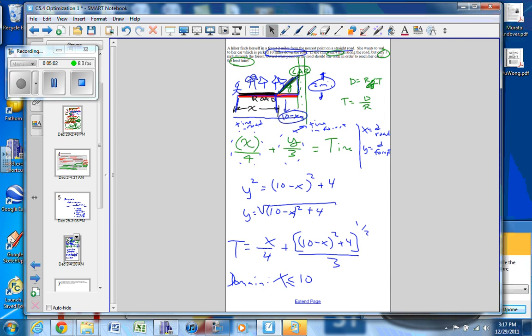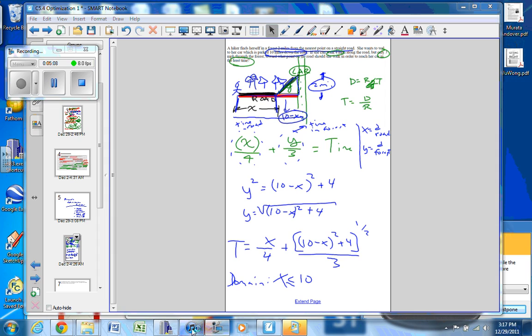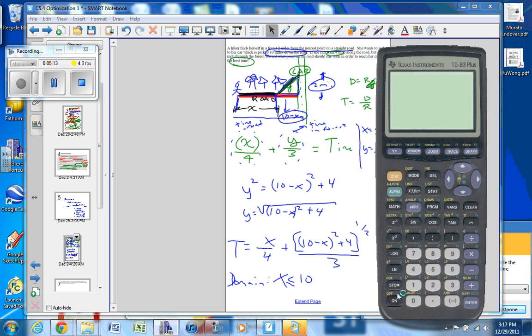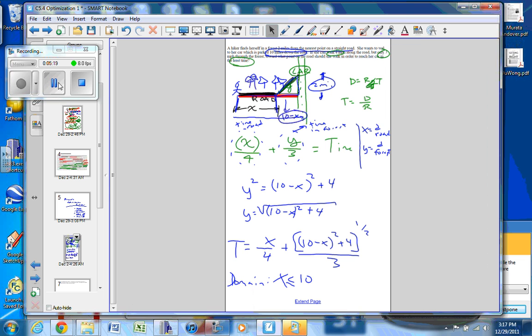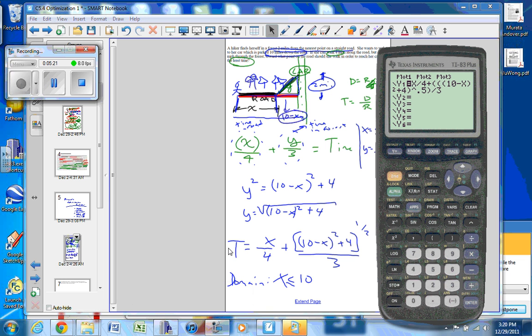So if we think about what this looks like graphically, what we can do is graph the time equation, and I've graphed the time equation right here. In my window, I'm going from 0 to 10, because remember my domain restriction is that X must be less than or equal to 10.